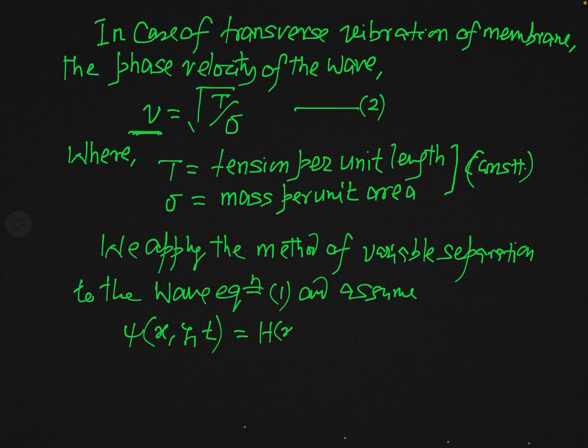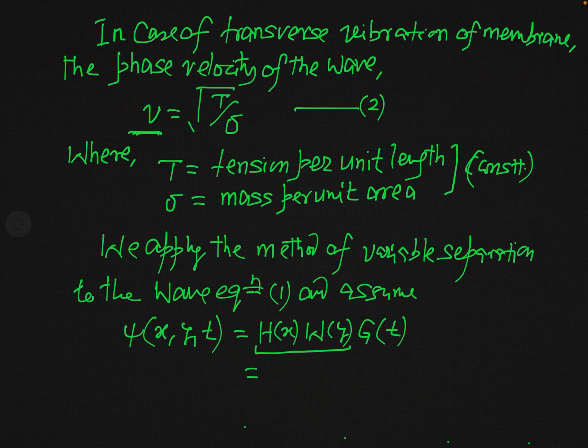h of x times w of y times g of t. Here h is only a function of x, w is only a function of y, and capital G is only a function of t. If we separate this into a space and time part, h of x and w of y both represent the space part.